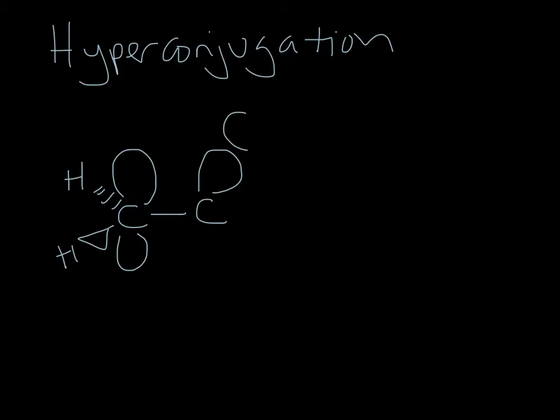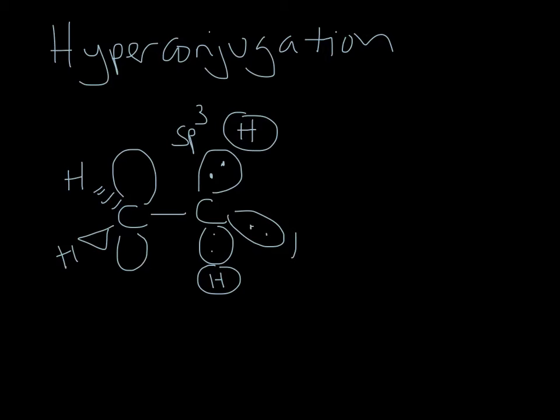So if this is an H out here in a 1s orbital, this would be an sp3 orbital, and there's 2 electrons in it, and they're being shared between the carbon and the H. And then I'd have kind of the same thing down here and over here. So each one of those bonds are just sort of showing the sp3 type orbital, the hybrid that is overlapping with H to make those bonds.